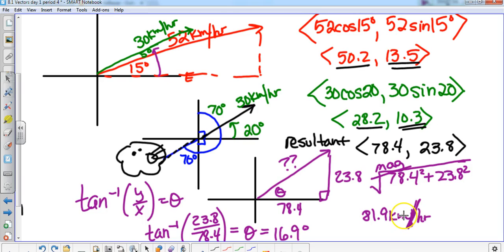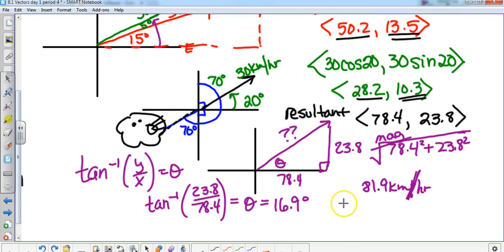The final thing we might want to do is change that to a bearing, because we could say 16.9, we could leave it. We could say north of east, or we could say off of east, go 16.9 to the north.